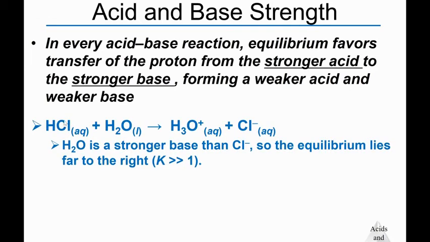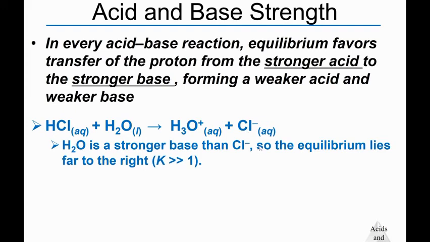Example, hydrochloric acid, which we know is a really strong acid. When we dissolve that in water, the hydrochloric acid completely dissociates. Water grabs onto that proton, leaving behind chloride ions. Since hydrochloric acid is a really strong acid, and if we go back and take a look at our strong acid, strong base chart, we can see that water is a stronger base than the chloride ion.